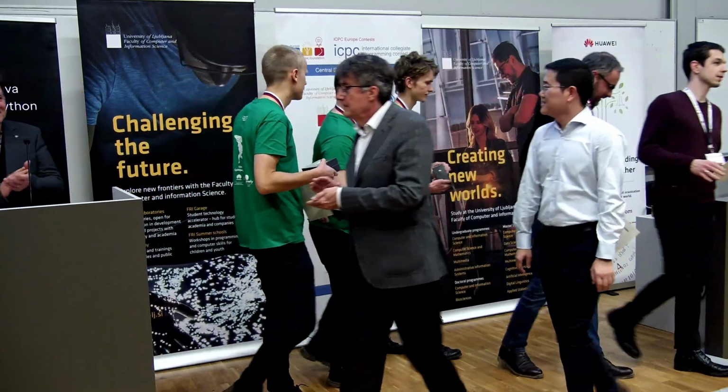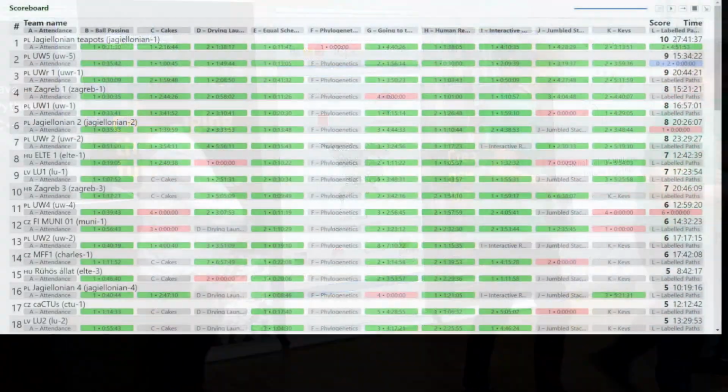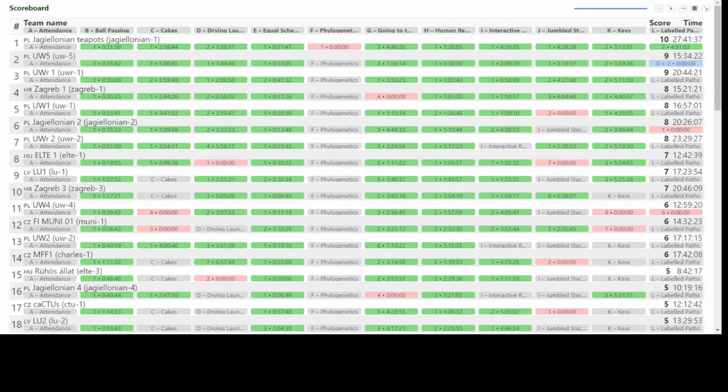Congratulations to University of Wrocław Team 1 for winning the 3rd place and the silver medal.